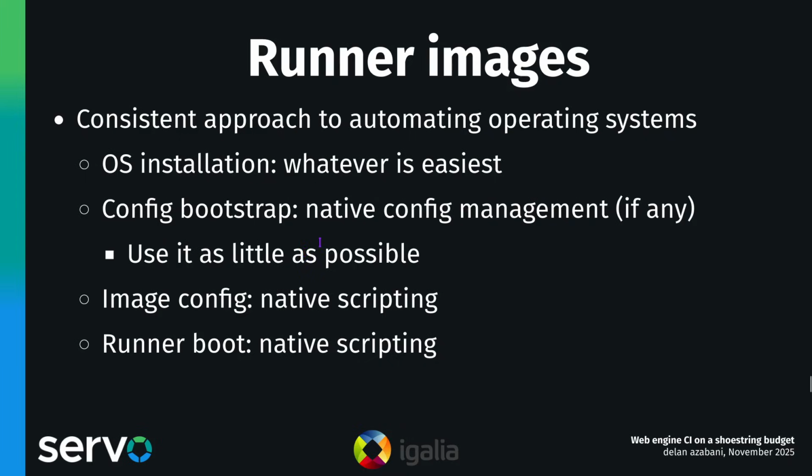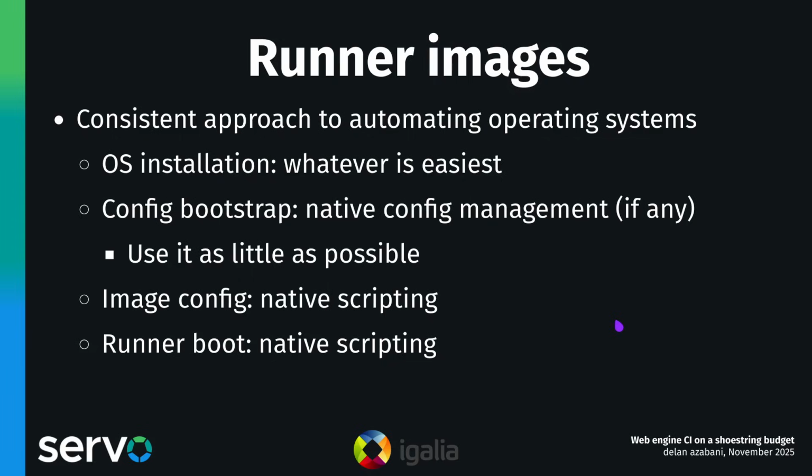The primary need being that they can manage the configuration of a system over time, keeping it up to date with any changes. The thing about these runner images, though, is that each runner image only needs to get built once, it only needs to get configured once, and then after that, it'll be cloned for each runner, and then it will only run once.